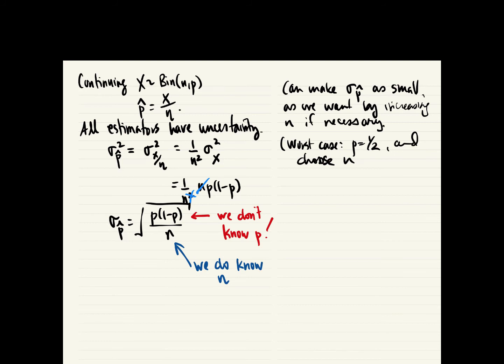So that's the worst case scenario. Then you know that your point estimate standard deviation is definitely going to be smaller than that. So this is a way that we're going to analyze point estimators.